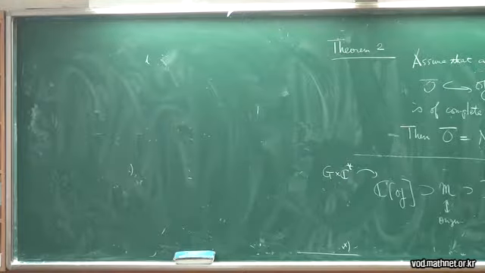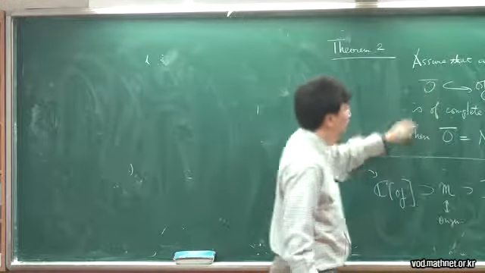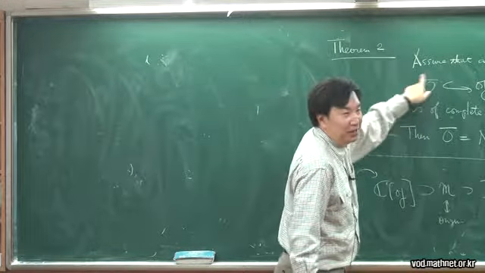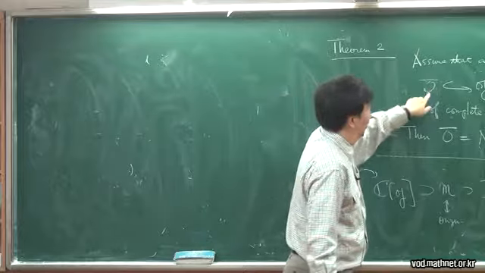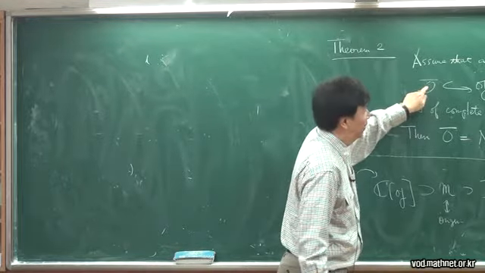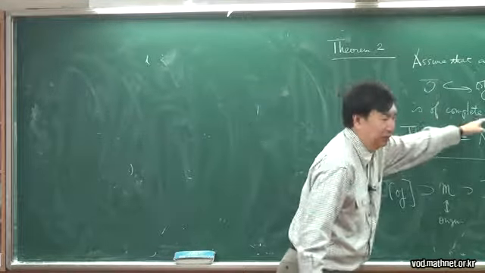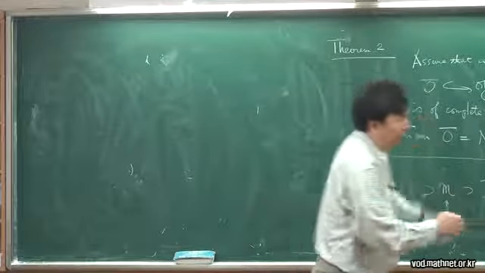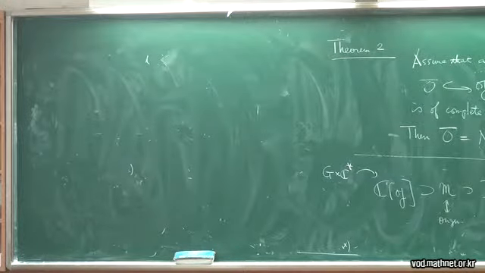If it is not a complete intersection, then we need many equations to define this. But if it is a complete intersection, it is the minimal one. So in the complete intersection case, this has a very small dimension, but in the usual case it is larger. So this is small if this is a complete intersection.